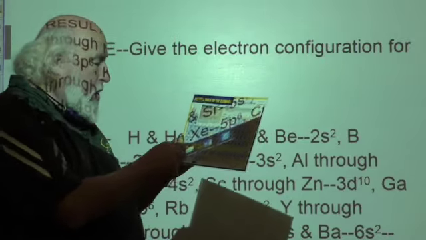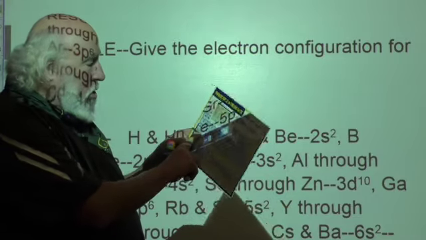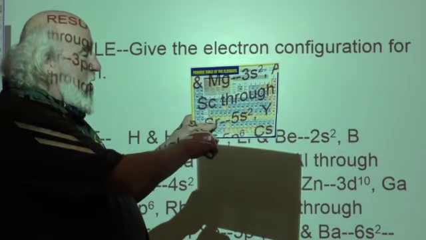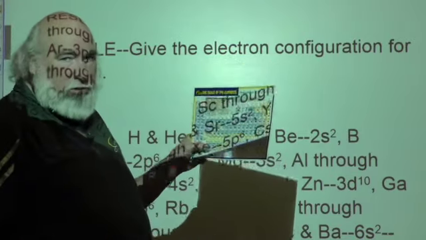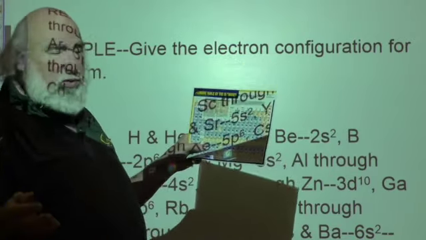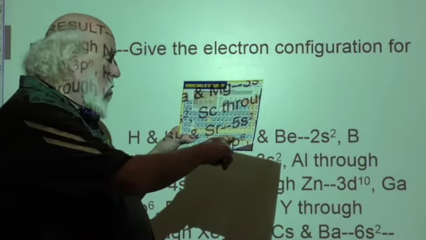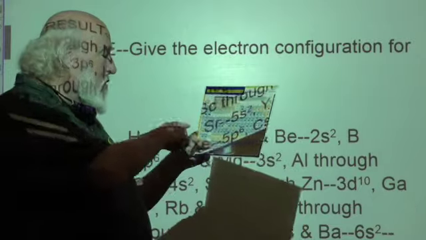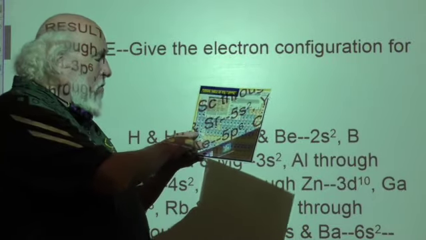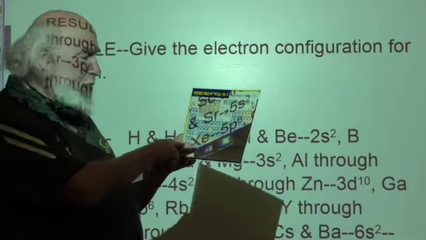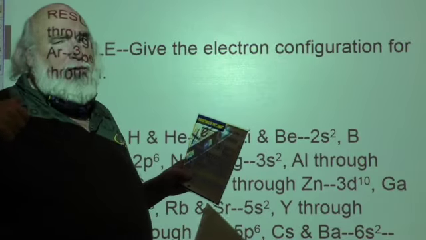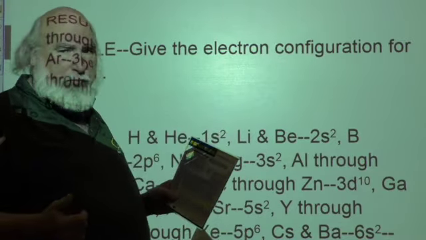Since these two right here belong up here, we ignore them and focus only on the cerium through lutetium in this first row. We don't even have to go as far as lutetium because we're going to holmium. Now, these are F's. Even though this is found in the 6th row with the cesium and barium and the lanthanum, these are 2 rows late because they were supposed to appear for the first time in the 4th level.